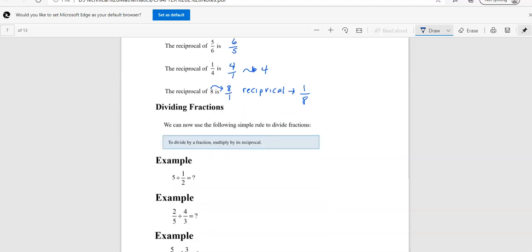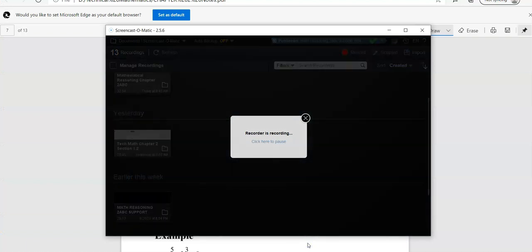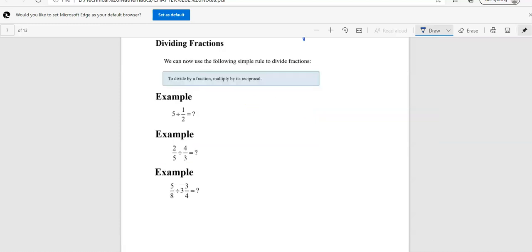When we're dividing fractions, we can now use the following simple rule to divide fractions. To divide by a fraction, you multiply by its reciprocal. Okay, so when we start out with this first one, the first thing I would do is take this 5 and write it as a fraction like we did before.